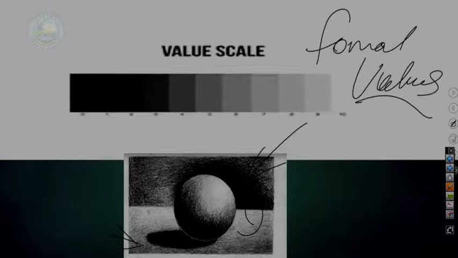Or it would be easier if you have some white paint and you add various portions of black to change the color from white to different values of gray. So you start with white, add a little black, add a little black, and then you would create a value scale showing that transition from darkness to light.